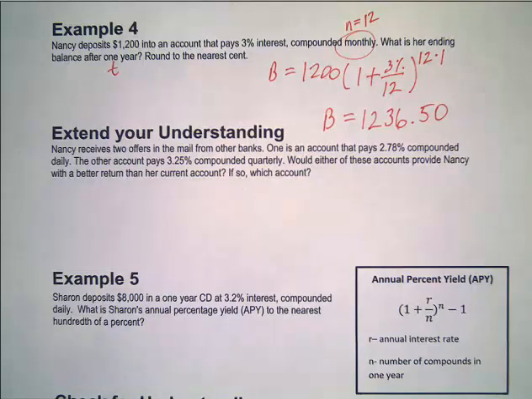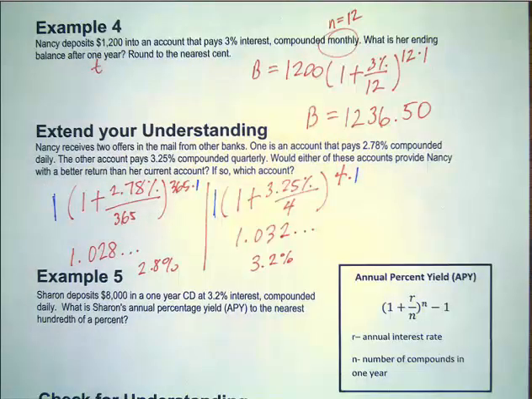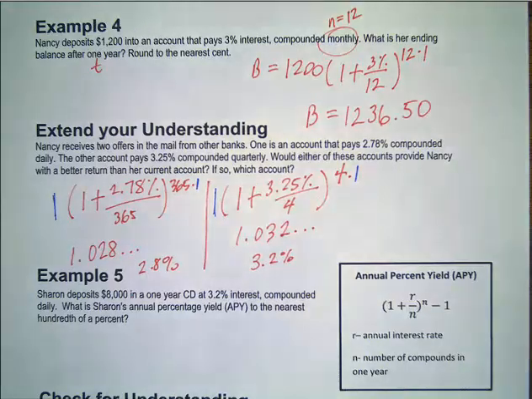Okay, so go ahead and try your extend your understanding, and then continue the video to check your work. So you'll notice that I put in orange all of the given information, and I put in blue the start value or the principal, which I gave $1, and then our time, and I made it $1.